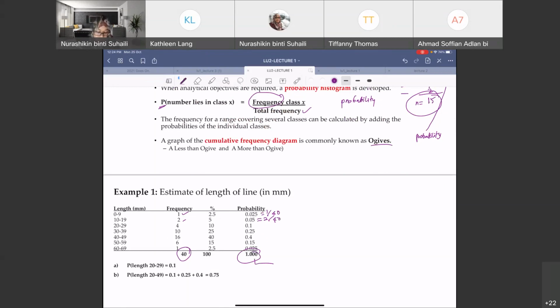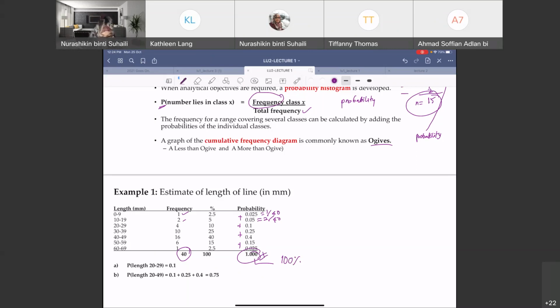If you total them up, it should be equal to 1, which is 100%, the whole percentage. Like if you have 50% chance of winning, 50 out of 100%, it means that the probability is half. So that is probability, okay?